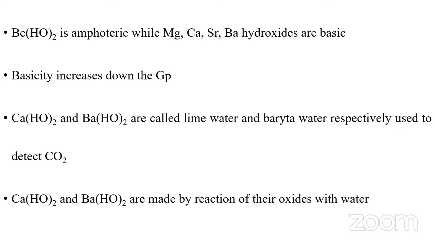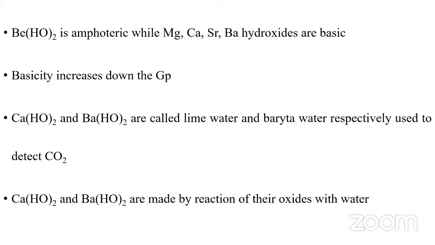Another interesting hydroxide among your group 2 elements, aside your magnesium hydroxide, is your calcium and your barium hydroxide. They are called lime water. That is, your calcium hydroxide is called lime water, while your barium hydroxide is called baryta water. And we can actually use both of them in detecting carbon dioxide in the lab.